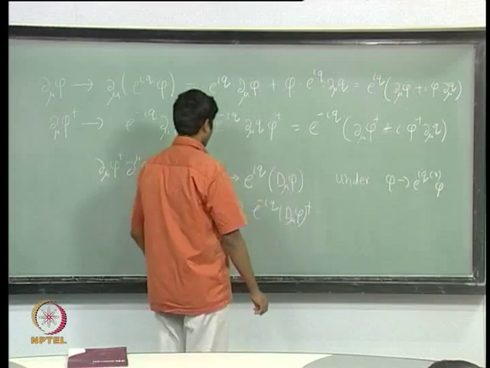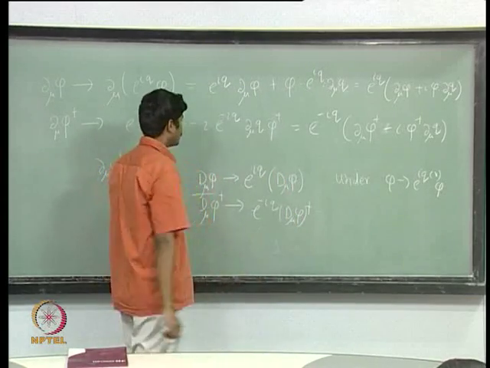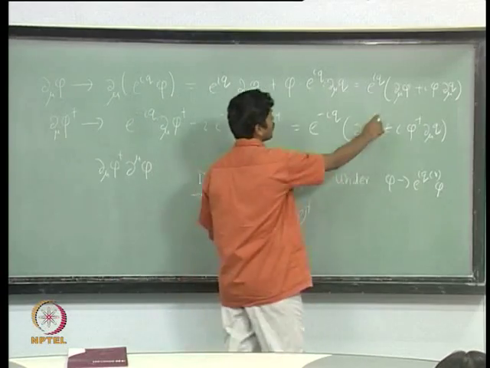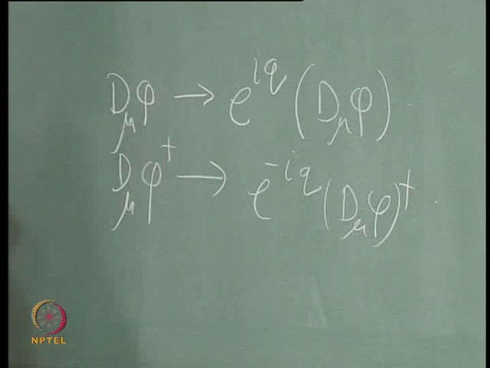So what is this D mu phi? Of course, with a single phi you cannot have such a covariant derivative.